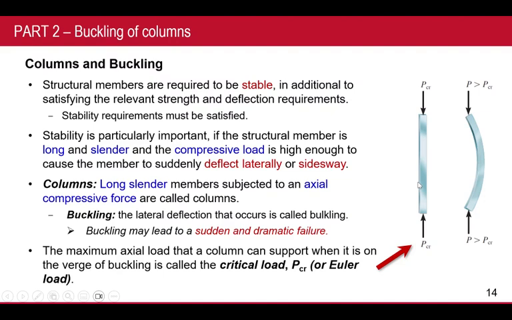At that point, buckling will happen. The maximum axial load that a column can support when it is on the verge of buckling is called the critical load, PCR. You put on one load, and that is the maximum value you can put.